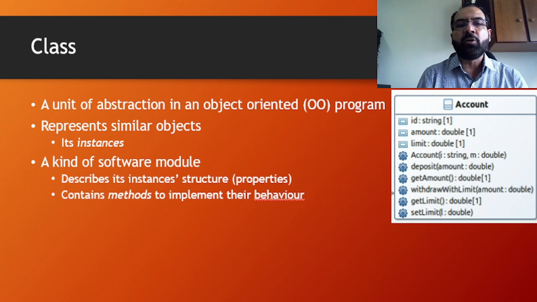We normally represent a class as the representation of similar objects. Although the concept of similar objects looks very simple, it is not that simple, because determining similarities among objects is a very difficult task in various domains.